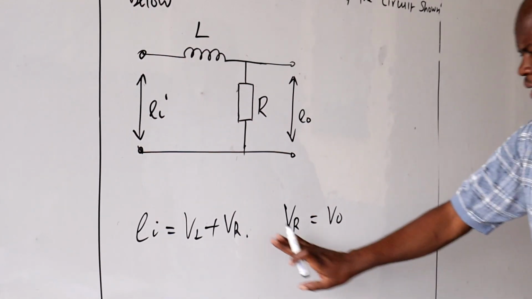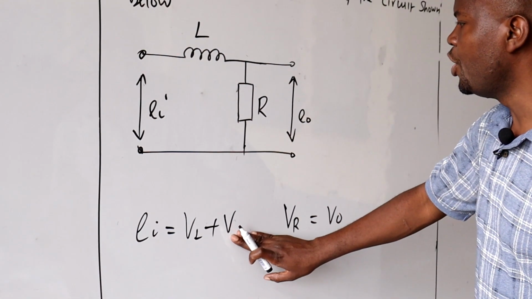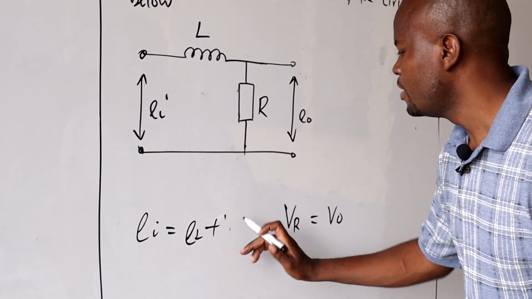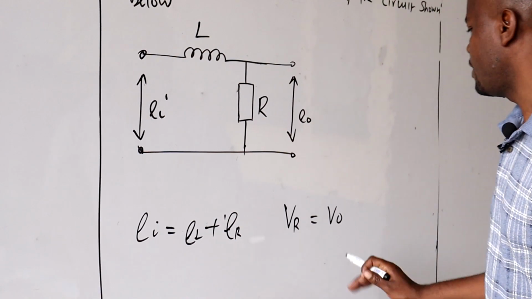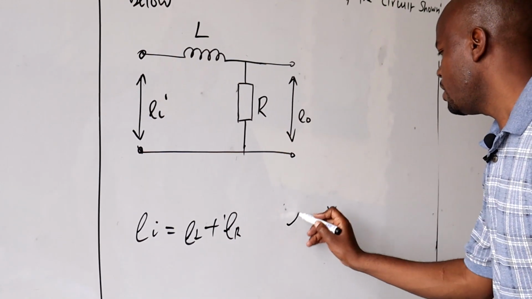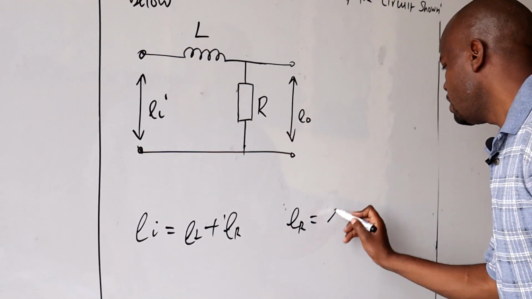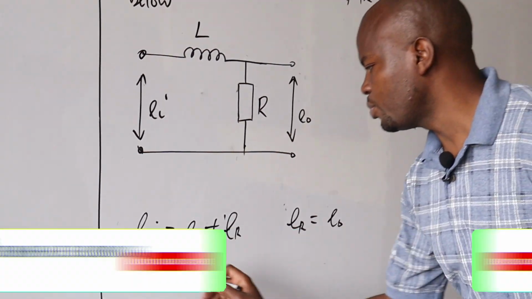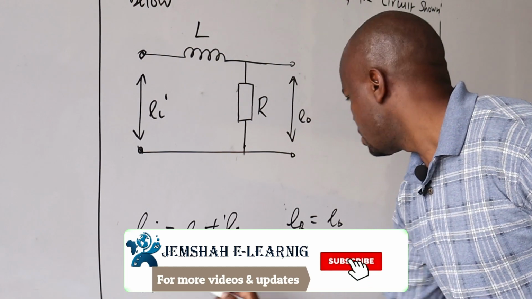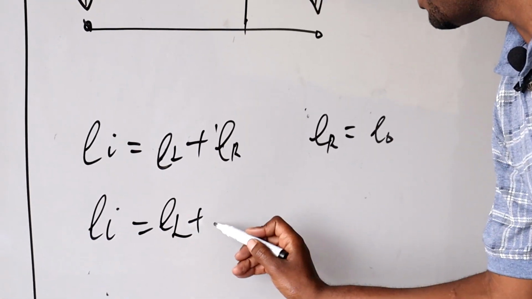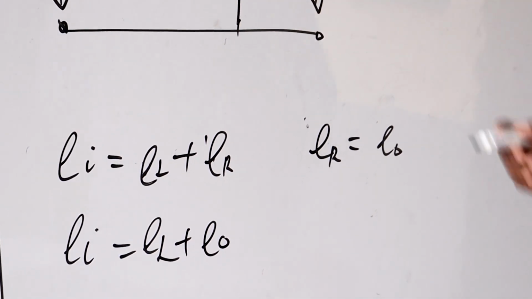Or to be consistent, we can talk of EL and ER. Then ER is the same as E out. And with that, we can also say that EI is the same as EL plus E out.